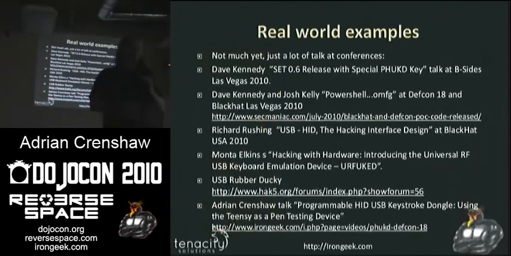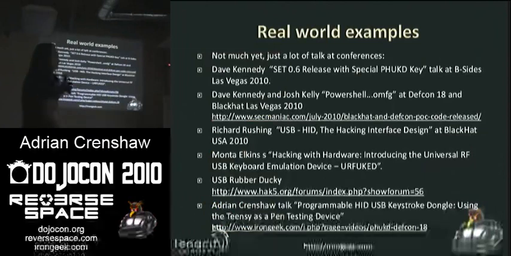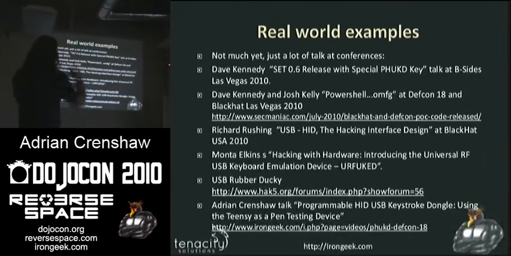But that's one of the things I want to look into. Real world examples, not much yet. A whole bunch of people gave presentations though, this last DEF CON, BSides, Black Hat time period back in Vegas earlier this year. Dave Kennedy did one on PowerShell at BSides Vegas, which by the way was awesome.